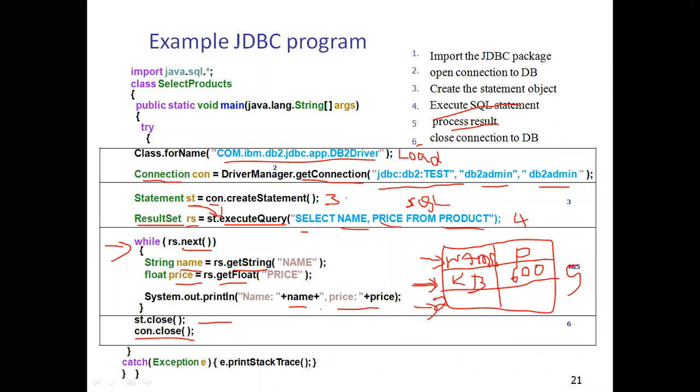You can also perform all update statements, you can add a column, all SQL statements you can execute. Then the next step is to process the result, which means you retrieve the data stored in the result set. After executing the query, the result is stored in the ResultSet variable, and with the help of that variable I'm going to print the name and price of the particular table.